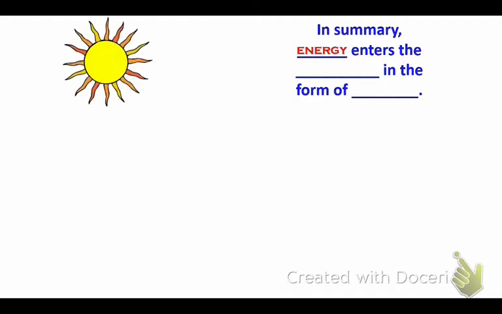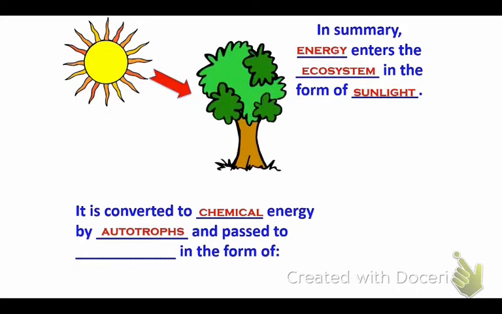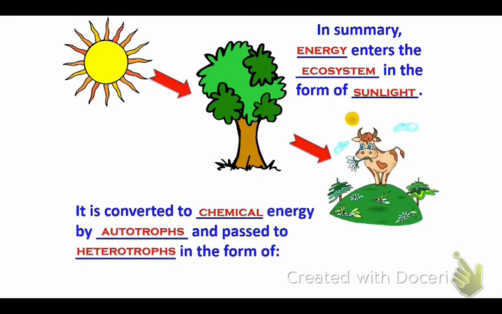In summary, energy enters the ecosystem in the form of sunlight. It is converted to chemical energy by anyone? Sun. Good. The sun is turned into chemical energy by the autotrophs and passed to the heterotrophs, which are the cows.